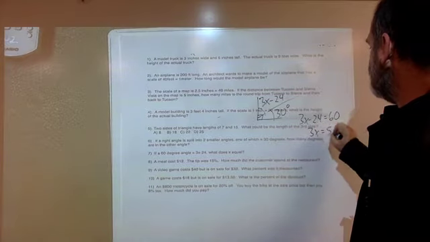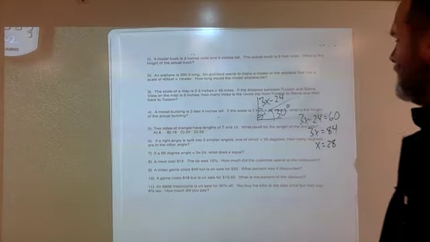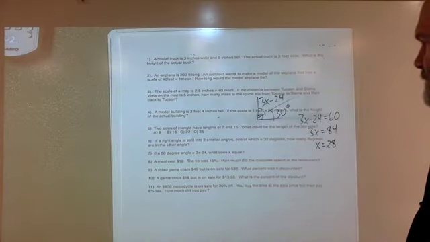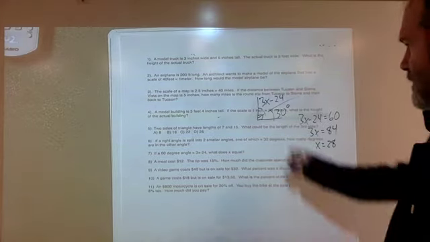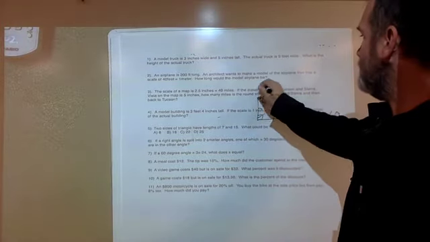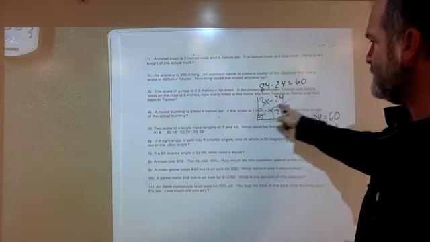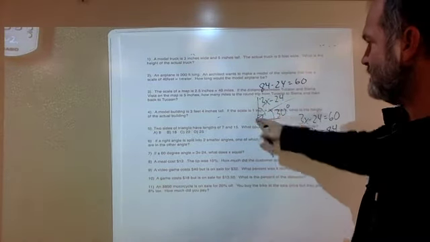So 3x is equal to 84. You divide by 3, and you get 28. So x was equal to 28 in that problem. And it works. If you substitute 28 into here, you get 84 minus 24, which is equal to 60, and that's what you want. This should be 60 degrees because 30 plus 60 is 90.